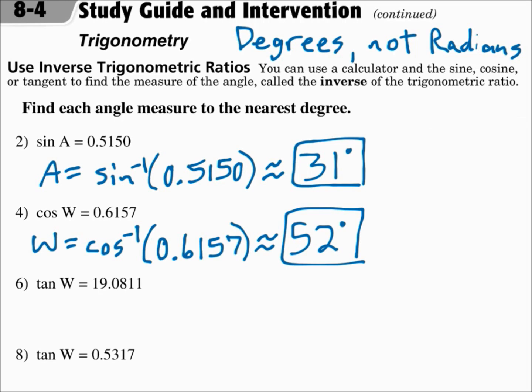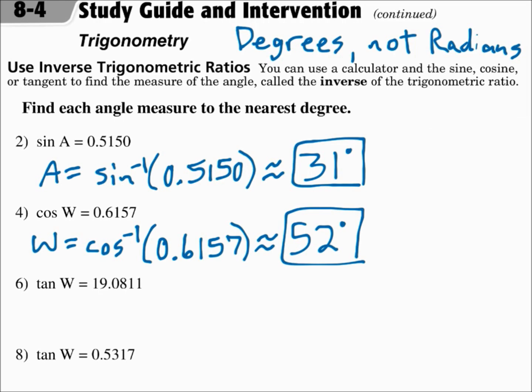Remember, when you're looking for the angle measure, do the inverse function, the arc sine, the arc cosine, or the arc tangent. The inverse gives you the angle measure. Number 6. Tangent of W equals 19.0811.